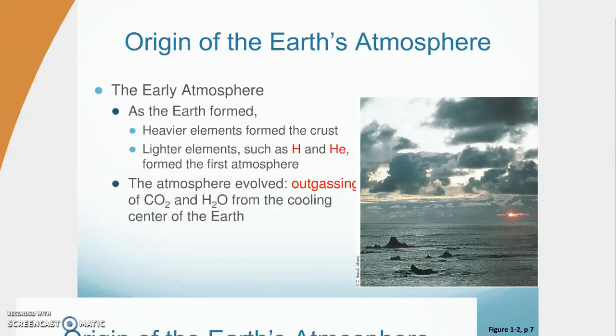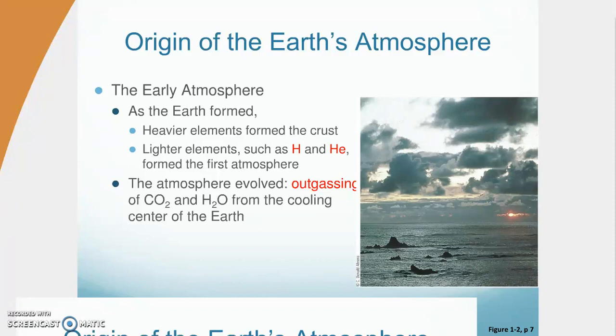Over time, as the Earth started to cool, there were pockets of hot air and hot gases inside of the Earth, which began to escape from inside of the Earth's crust. This is a process called outgassing, where the gases inside the Earth are released outside of the crust.